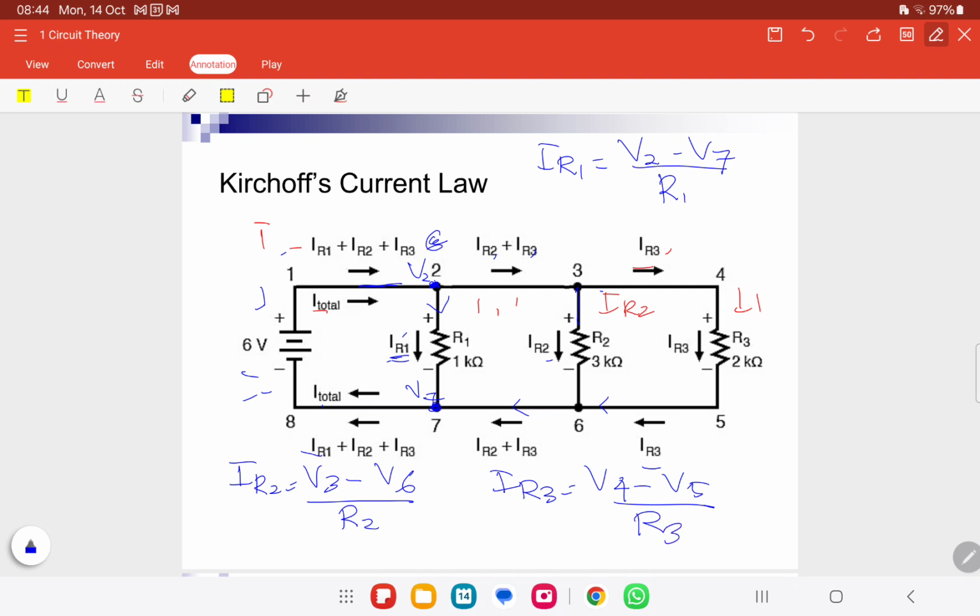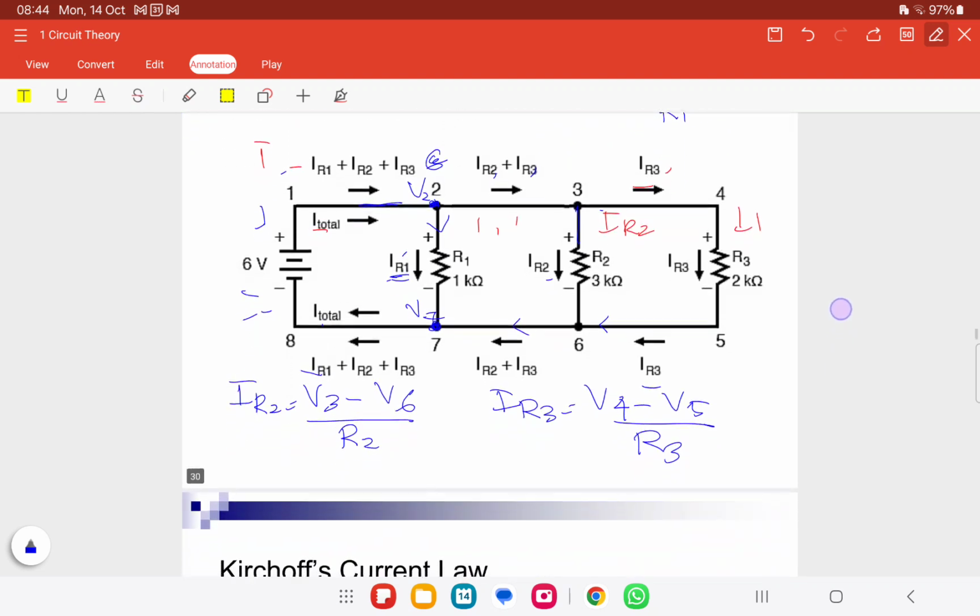Sebab tu saya kata for KCL dia macam susah sikit sebab dia ada nombor atas per dengan resistor bawah. Okay. Tapi there is certain situations kat mana lagi senang kalau nak guna KCL. Tapi once you dah master dan faham how to apply KVL, dan lagi senang untuk guna KVL.